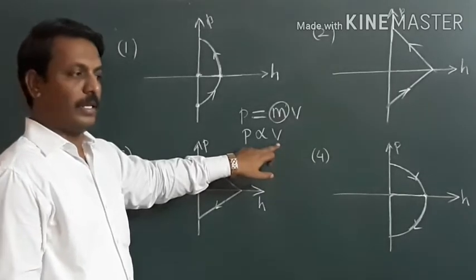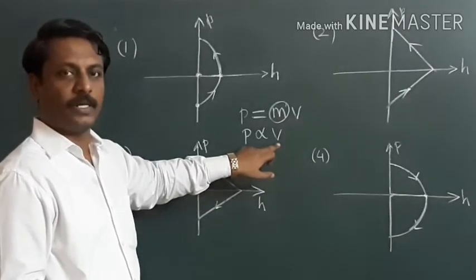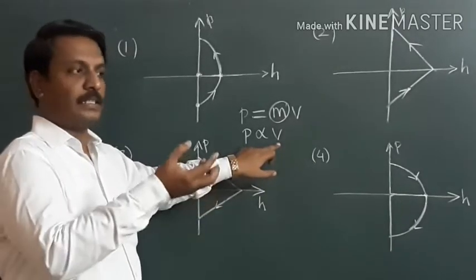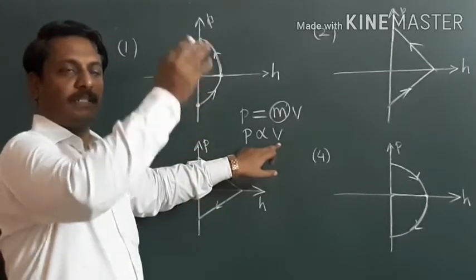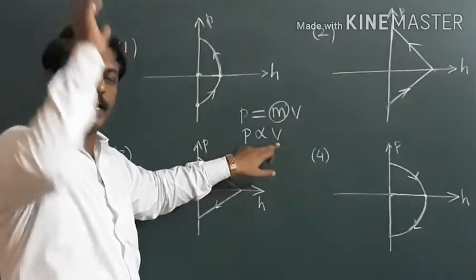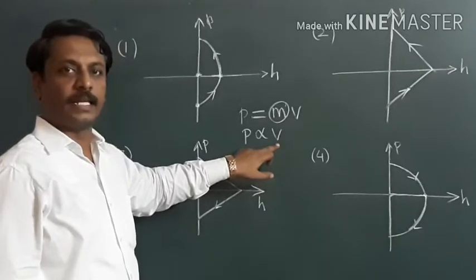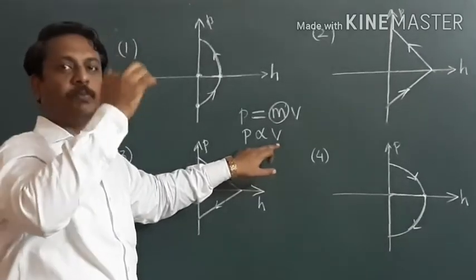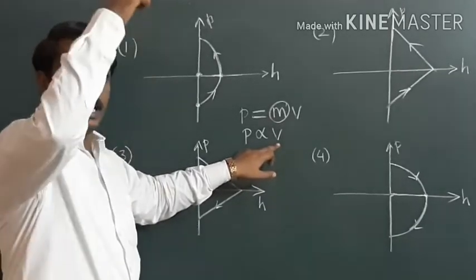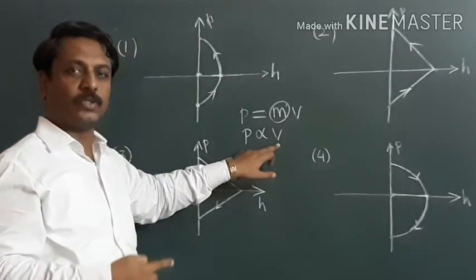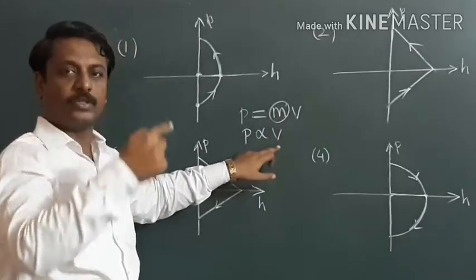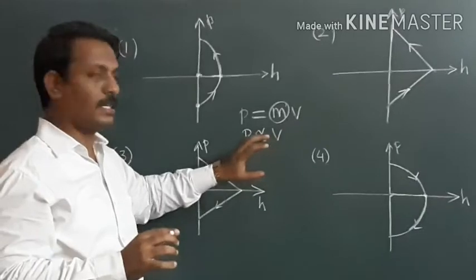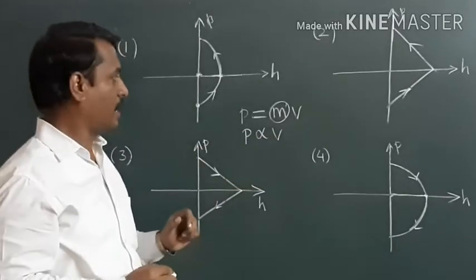So, in case of a ball thrown vertically upwards, as the height increases, the velocity of the ball decreases, and when the ball reaches the maximum height, the velocity decreases. Then the ball starts moving in the opposite direction. In the opposite direction, the velocity goes on increasing, but height goes on decreasing. This is how the ball moves, right?